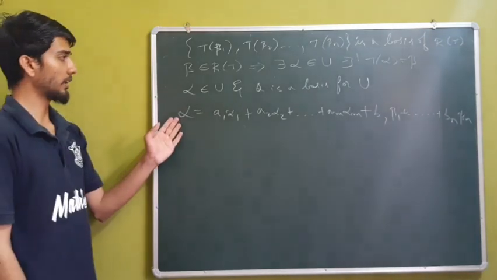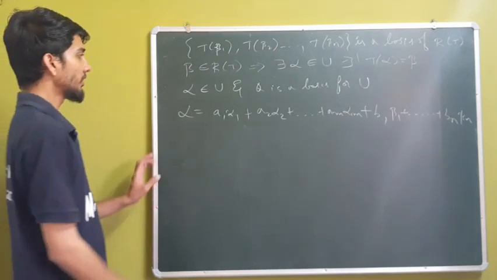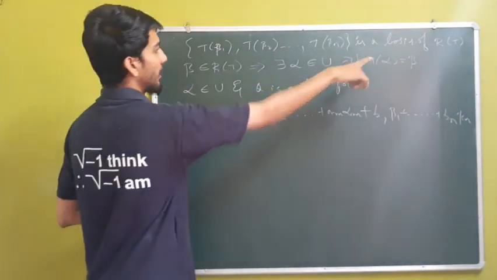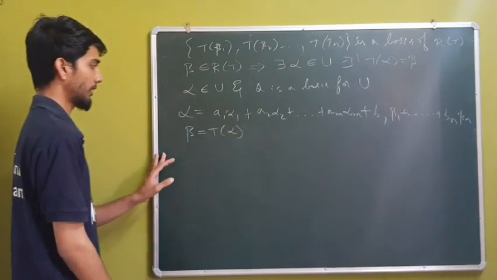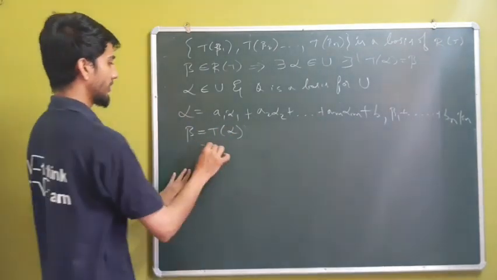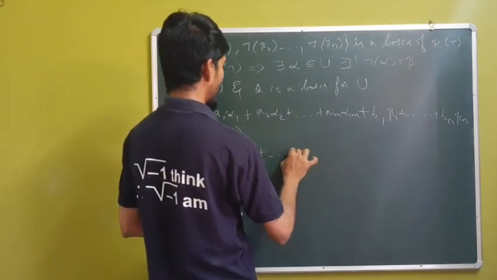So now I have alpha as a linear combination of such elements, and consider that T(alpha) equals beta. Beta equals T(alpha). Now alpha is this, so substitute these in place of alpha.